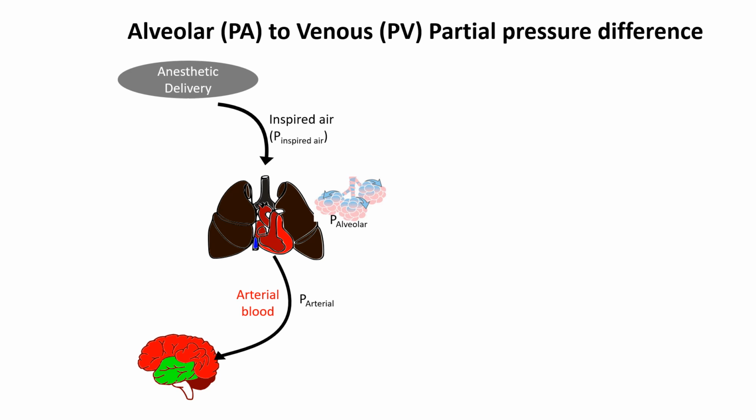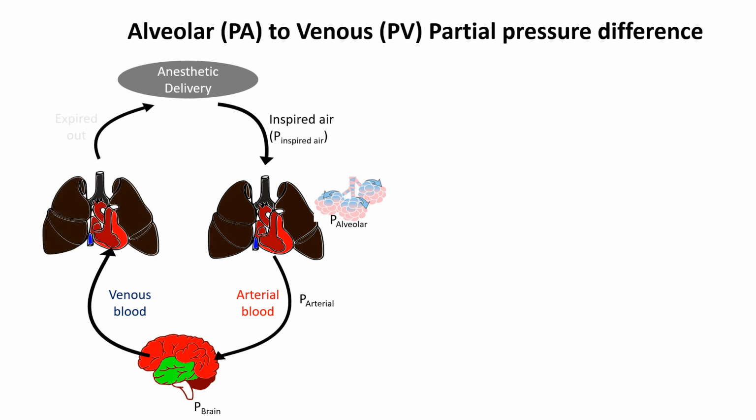With this diffusion, the brain also has its own anesthetic partial pressure. After the uptake by the brain, the anesthetic is returned back to the right atrium via the systemic vein. The systemic vein also contains anesthetic and has a pressure called venous partial pressure.